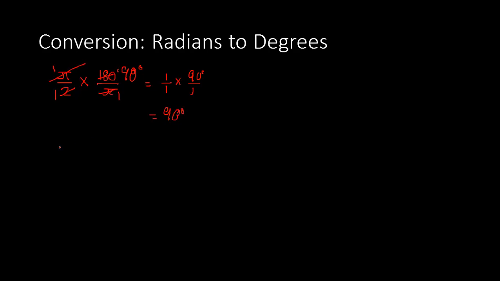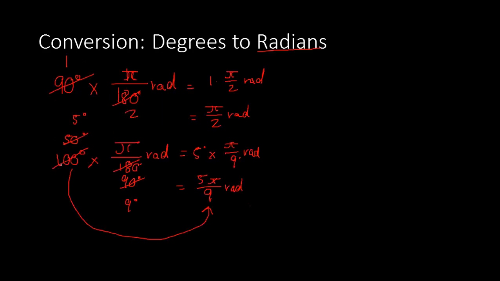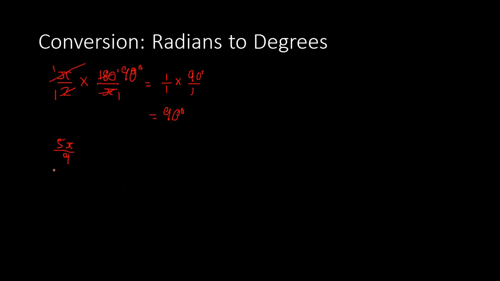See? All right. Now, next, what if we try to prove that 5 pi all over 9 is just the same as 100 degrees? Now, let's prove it here. We're just going to multiply this one by 180 degrees all over pi. So first, we can cancel the pi's here. So we will have times 1, and here we will have 1.